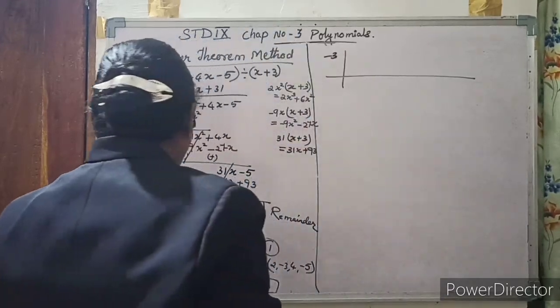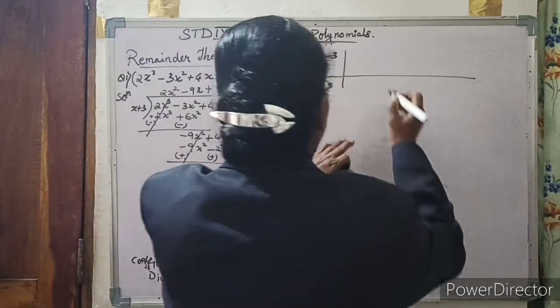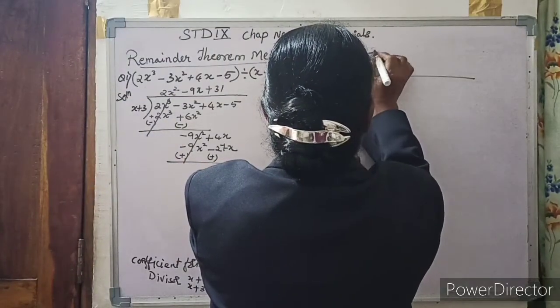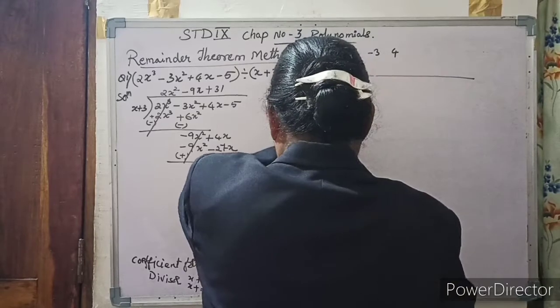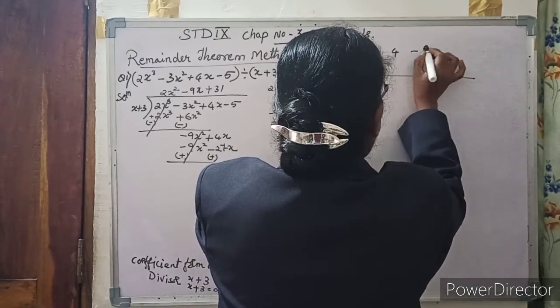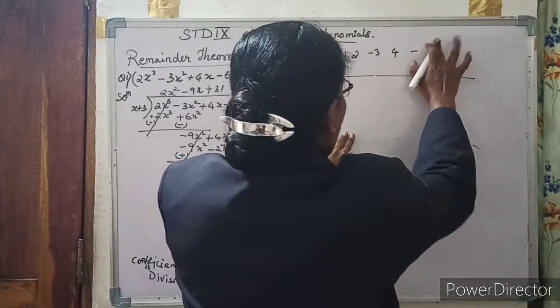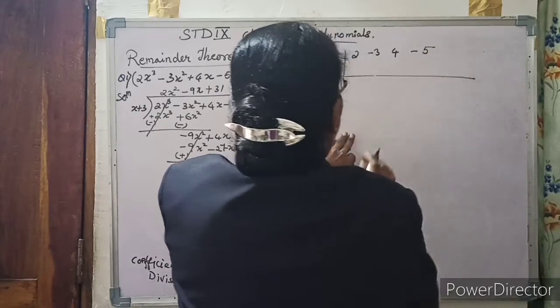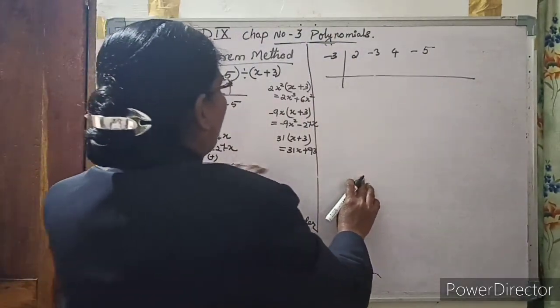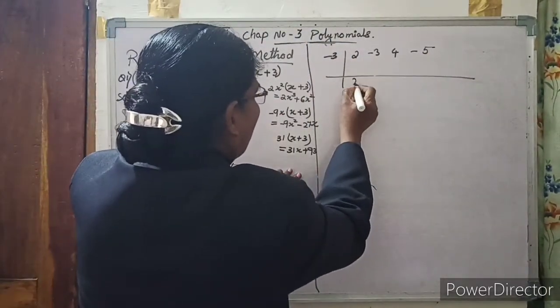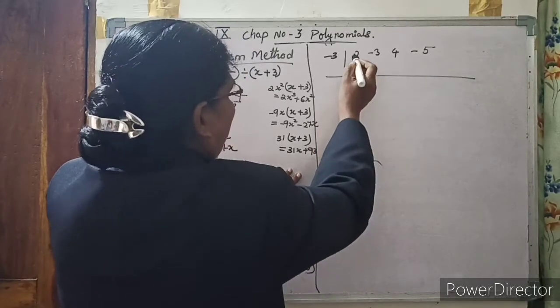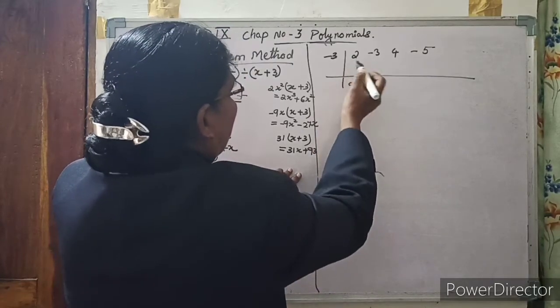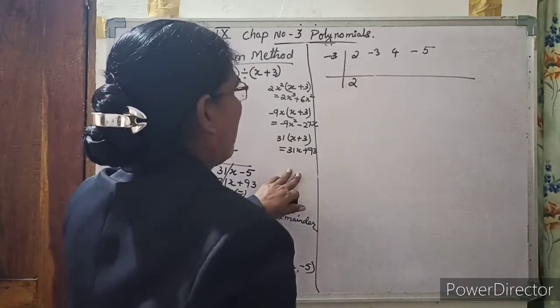So therefore I will have to take minus 3 here. Now the coefficient form of the dividend is 2, minus 3, 4 and minus 5. With the coefficient form, for synthetic division, bring down this first term 2 as it is.